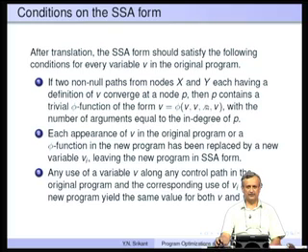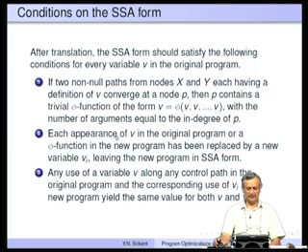There are some conditions on valid SSA forms. The first one says if two non-null paths from nodes x and y, each having a definition of v, converge at a node p, then p contains a trivial phi function of the form v equal to phi v comma etcetera.